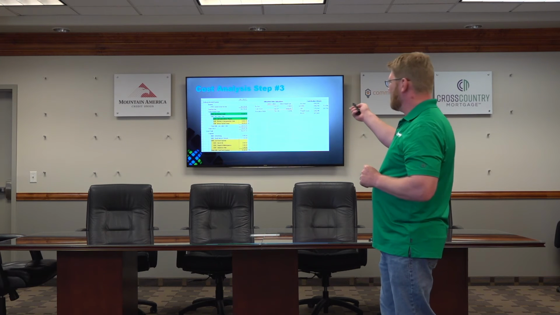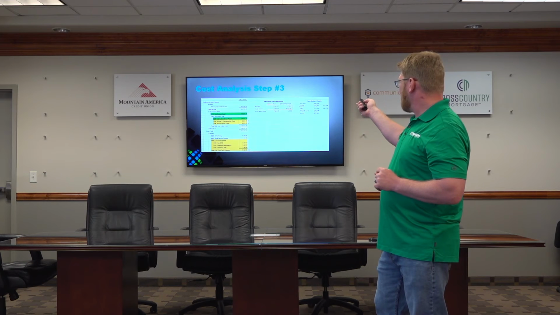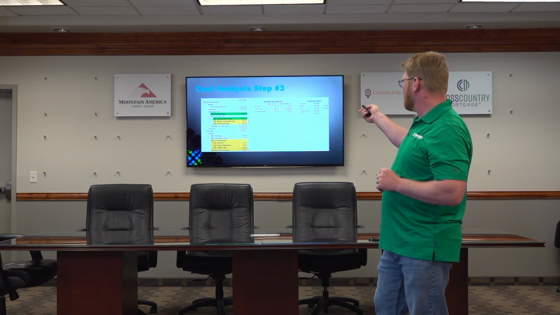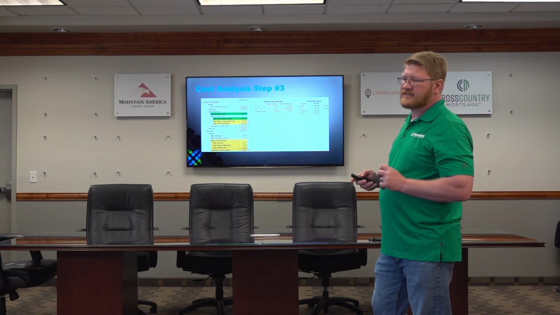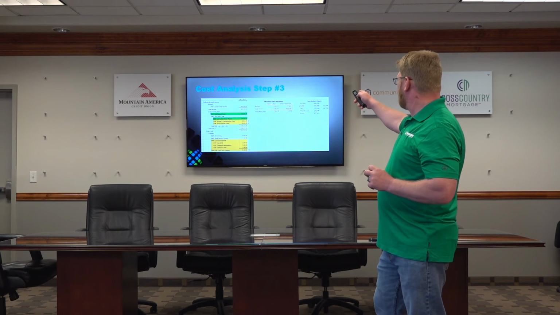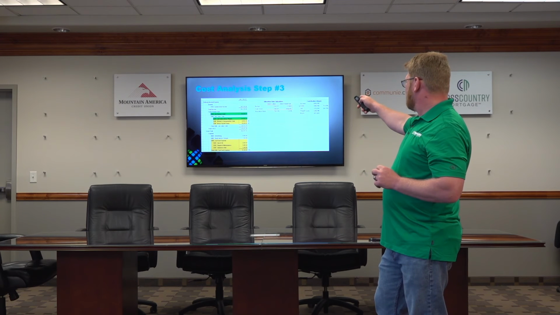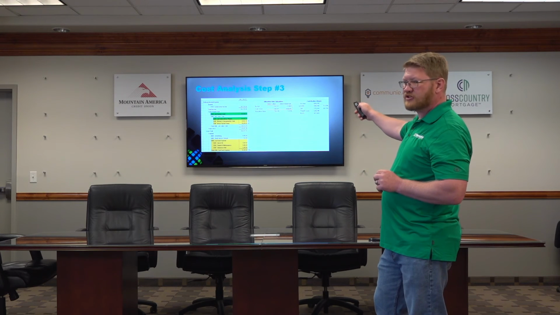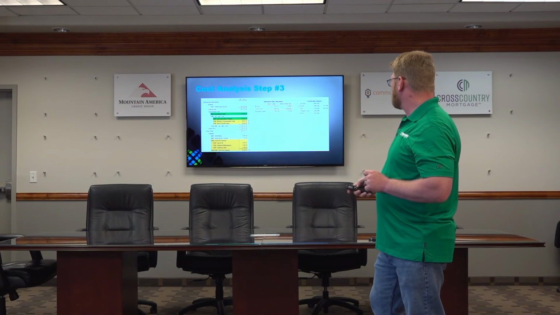So here's our scenario again. And up top, you can probably barely see it, the little box in the red. That's our cost driver calculation, our allocation rate calculation that we just did. And we're going to put all those 4 numbers, the 2 bucket costs and the 2 cost driver costs, we're going to take those 4 and add them up and put them in cost of goods sold.